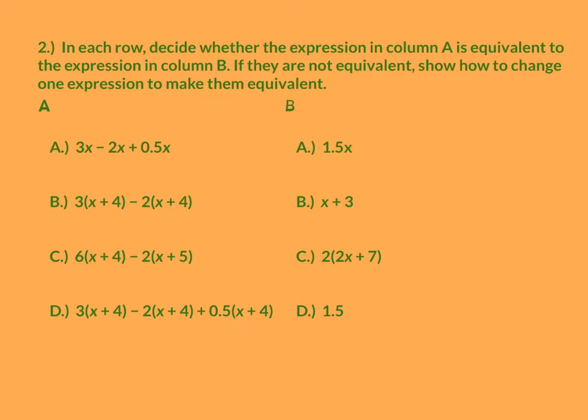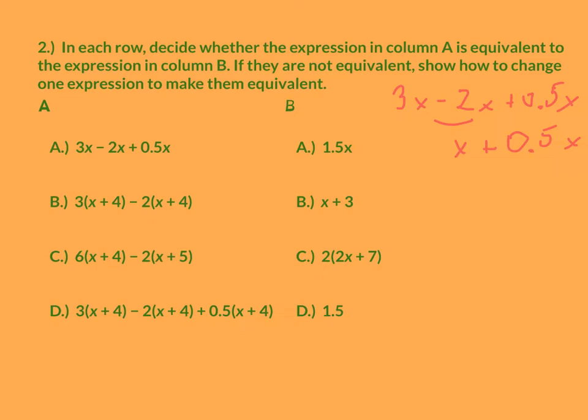So we'd have 3x minus 2x plus 0.5x. So 3x, take away 2 x's. That, of course, is going to leave me with an x plus 0.5x.